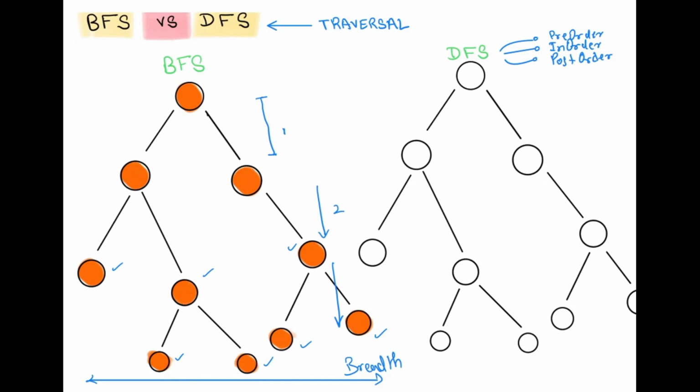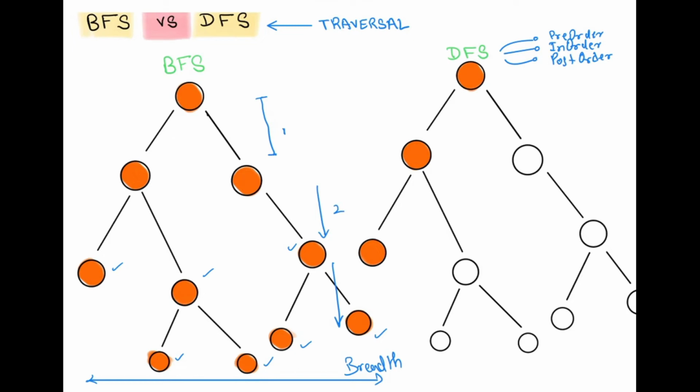So again we start from the root. Now we will go depth first. Say we start from the left. We go to the depth, again we go to the depth. Now we hit a node from where we cannot go any further down because there are no branches coming out of that node.